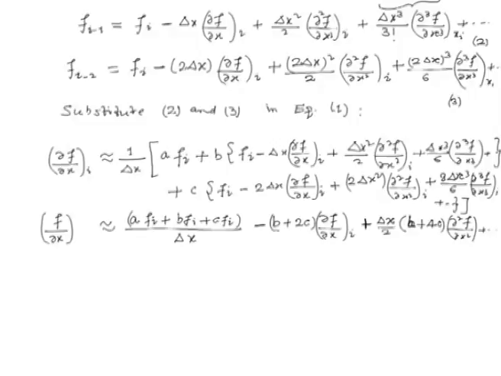On the left hand side we have got only del f by del x and its coefficient is 1. So the coefficient of f_i on the right hand side must be 0.